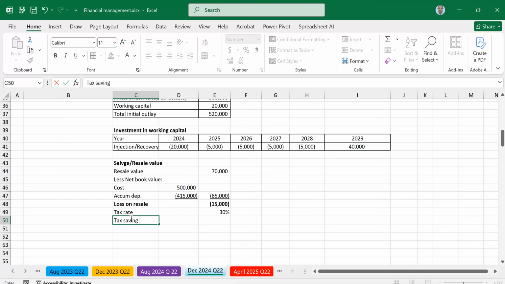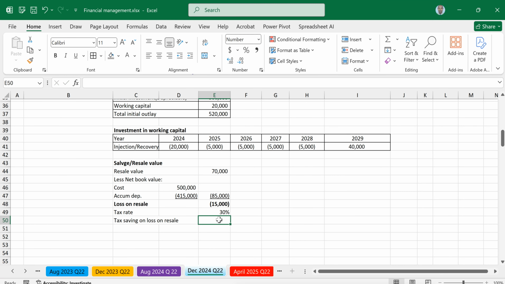Tax saving on loss on resale of asset. The saving will be equal sign the 15 times negative 30, because it's a saving, it's an inflow. So a saving is a gain, an inflow, so you make it a positive figure, and it will be 4,500.